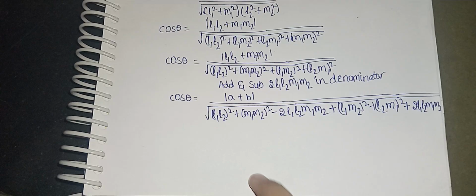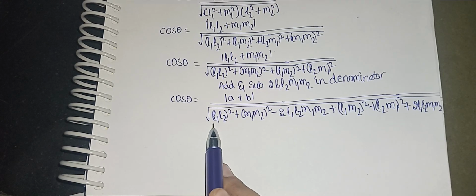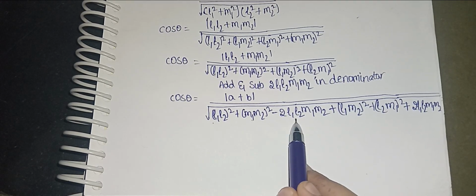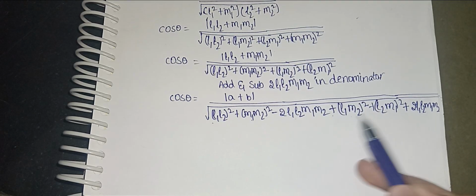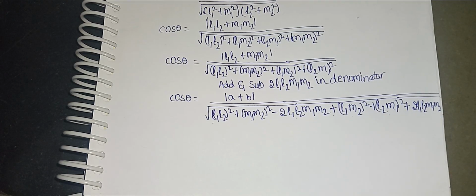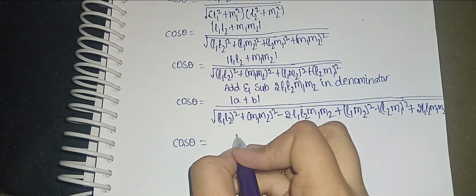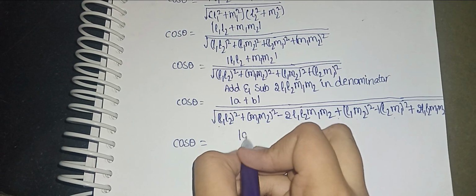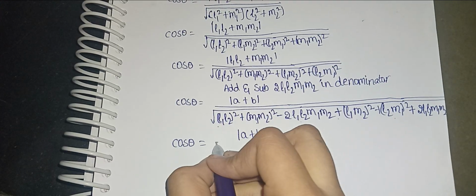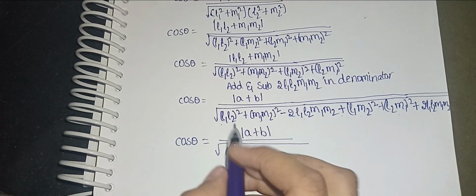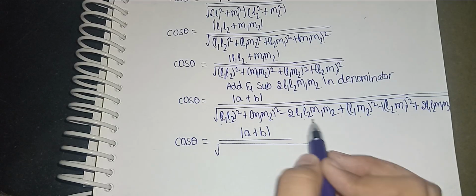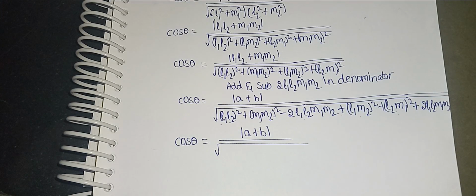Now, see, it is in the form of a square plus b square minus 2ab, and here a square plus b square plus 2ab. So you have to write cos theta is equal to mod a plus b by root of: a square plus b square minus 2ab is the formula of a minus b whole square.